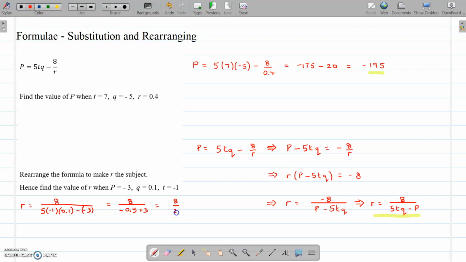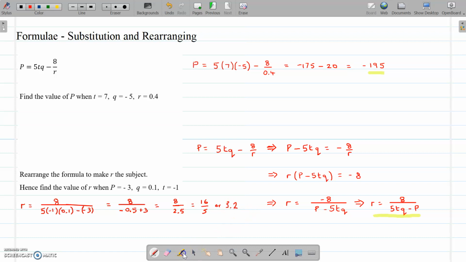So 8 over 2.5, and 8 over 2.5 is written better as a proper fraction as 16 over 5. Now you can either leave it like that, or you could write it as, well, 5 into 16 goes 3, remainder 1, it would be 3.2, wouldn't it? So either of those answers would be sufficient.